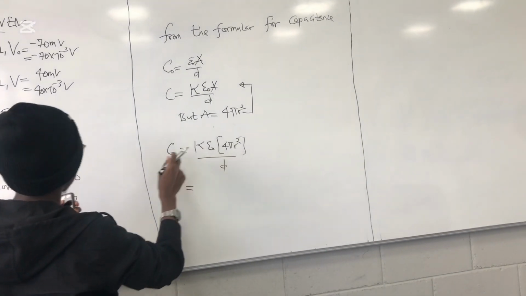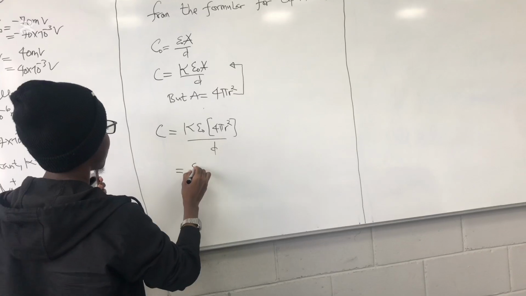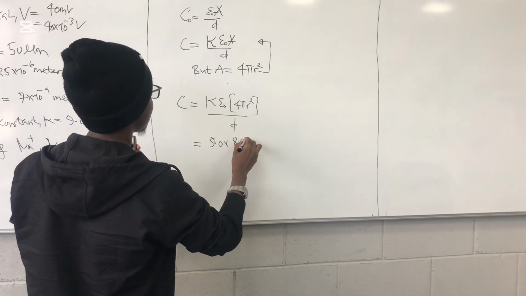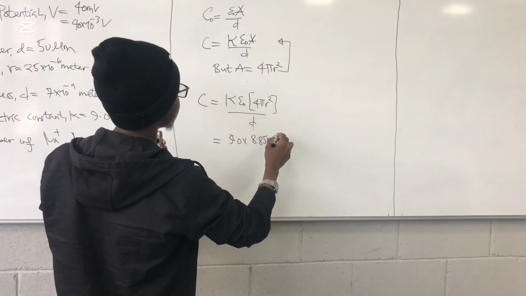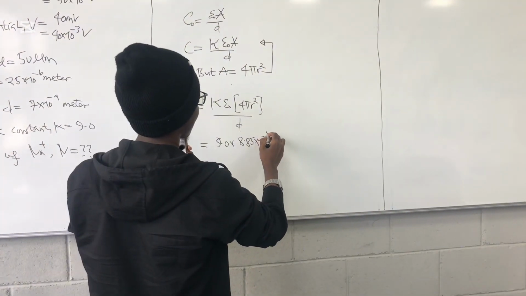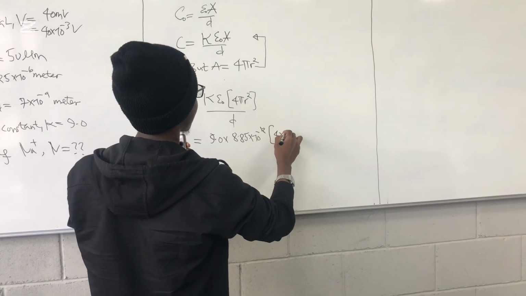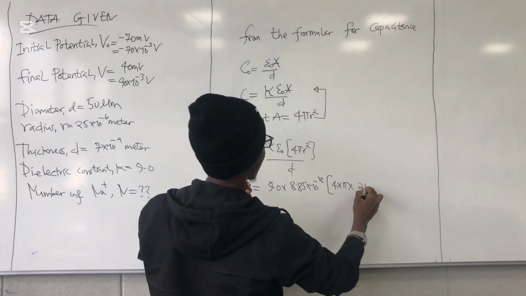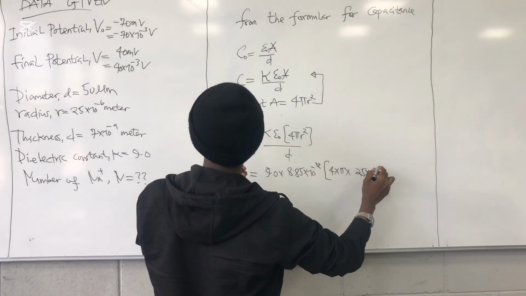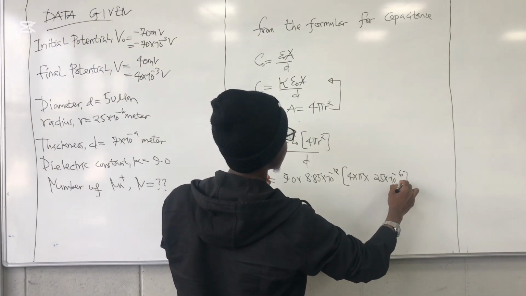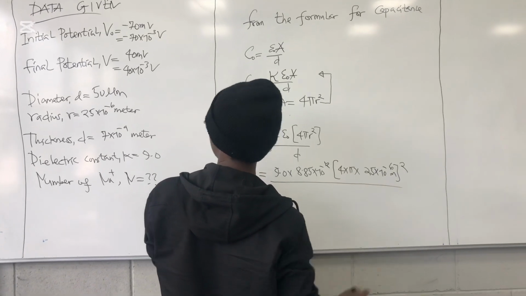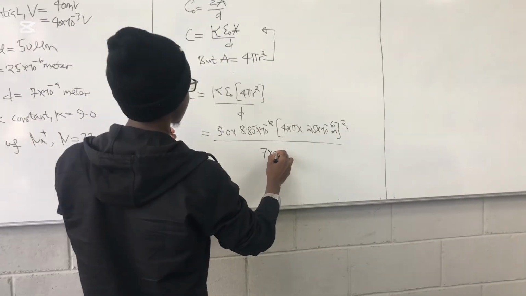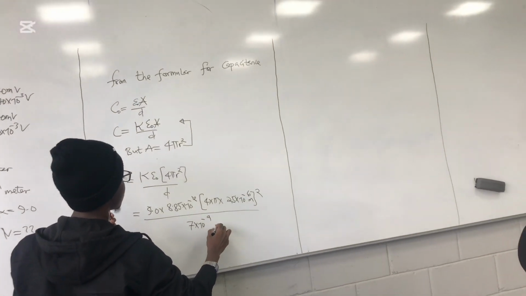So it will be equal to K, which you have been given in the question as 9.0, times 8.85 times 10 power negative 12, times 4 times pi times r, which is 25 times 10 power negative 6 meter, squared, divided by the thickness, 7 times 10 power negative 9 meter.